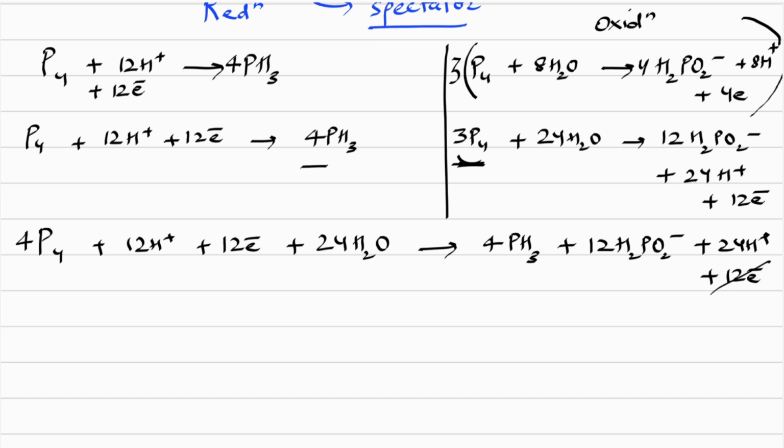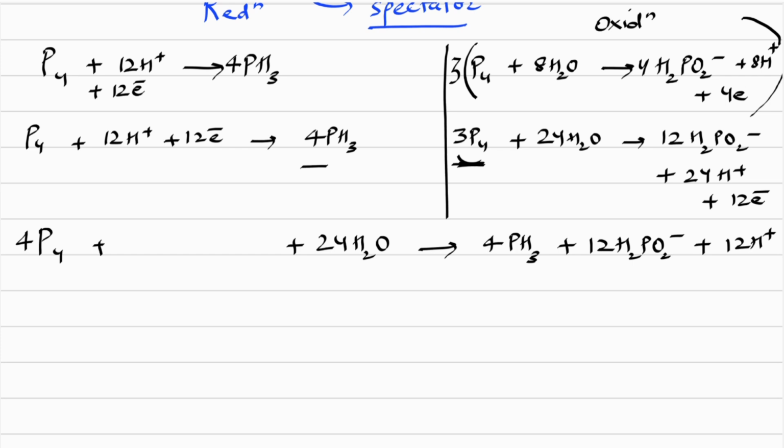The electrons need to be cancelled. What else can be cancelled? Hydrogens can be cancelled. 24 here and 12 here. So this becomes 12 H plus and this becomes nothing, and electrons also we can remove. Okay, so this simplifies the reaction somewhat.